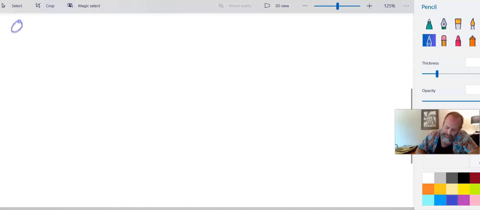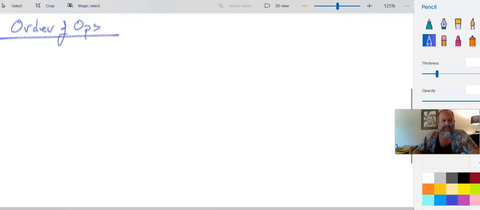So the order of operations, it's basically an order that you can follow that will guarantee that as long as you do all your steps correctly, you'll end up with the correct answer. So it's kind of nice that way.